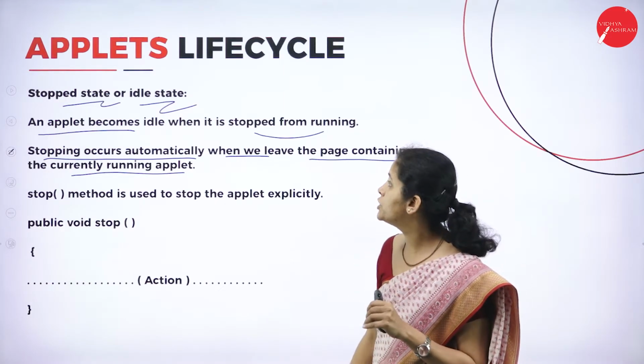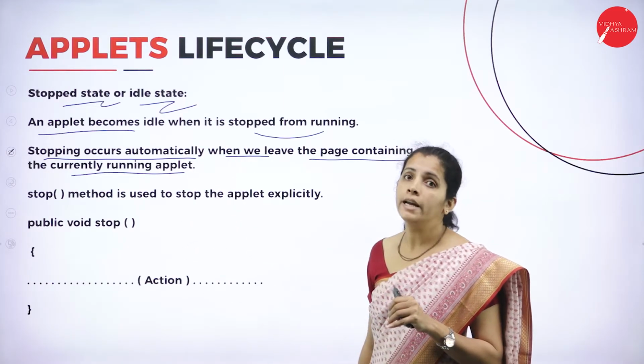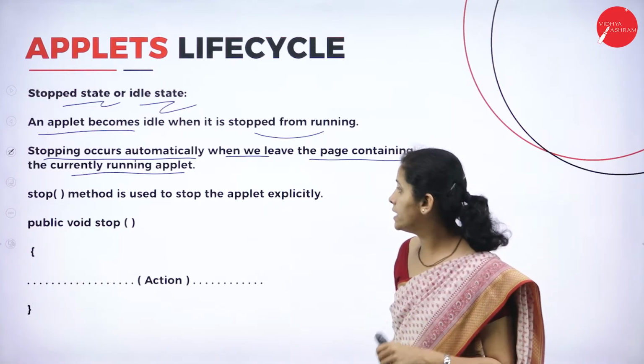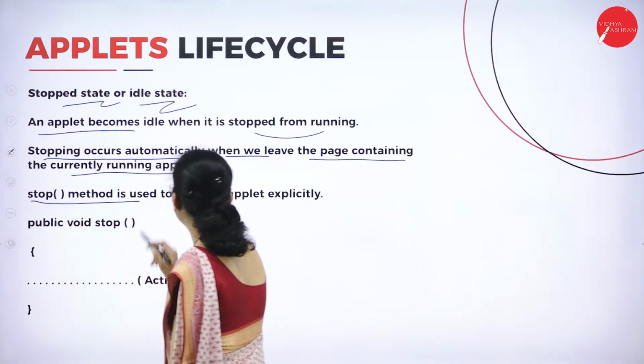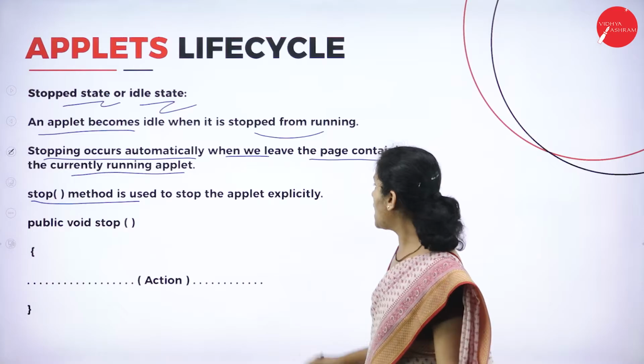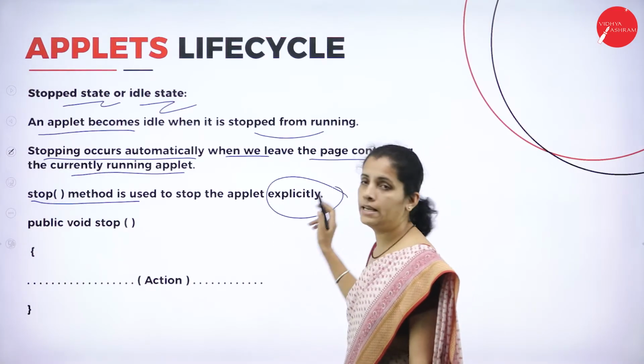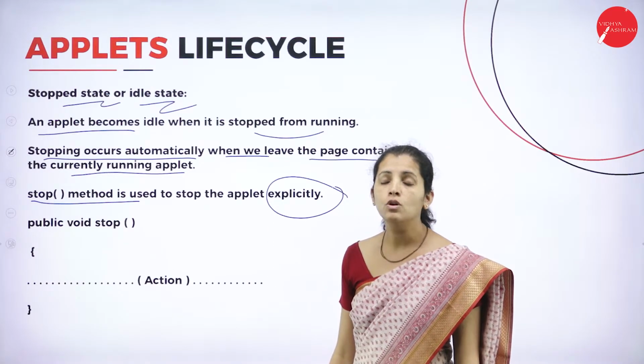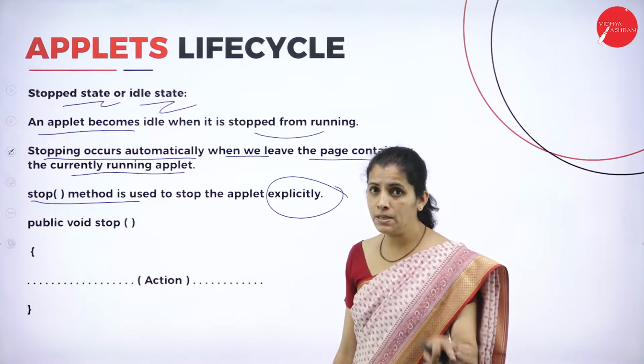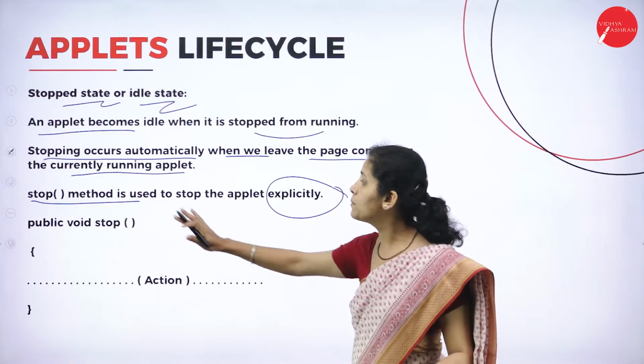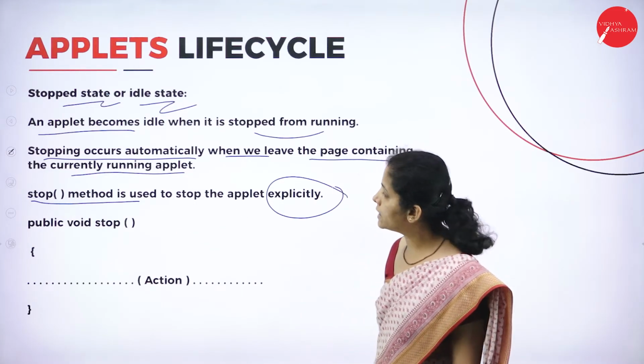In that situation, I'm going to enter into the third state. Now stop method is used to stop the applet explicitly. If I want to stop the applets explicitly, in that situation I'm going to call stop method.